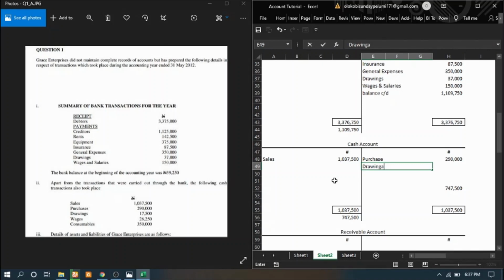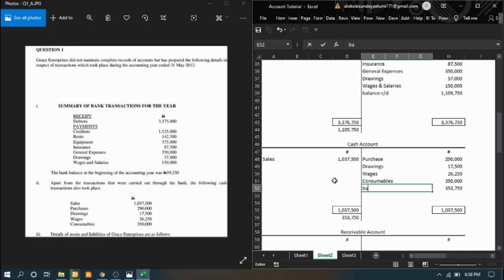The drawing is 17,500. So we have wages, that is 26,250. As well we have consumables, and that is 350,000.